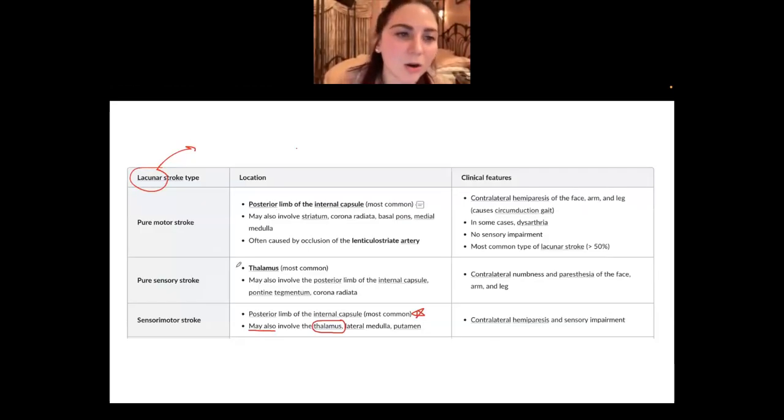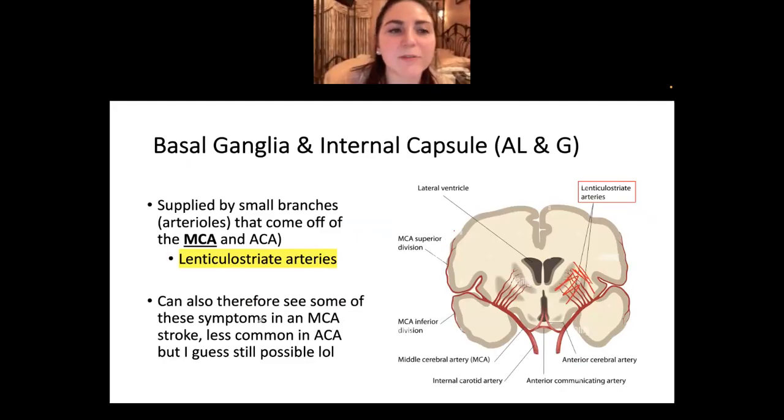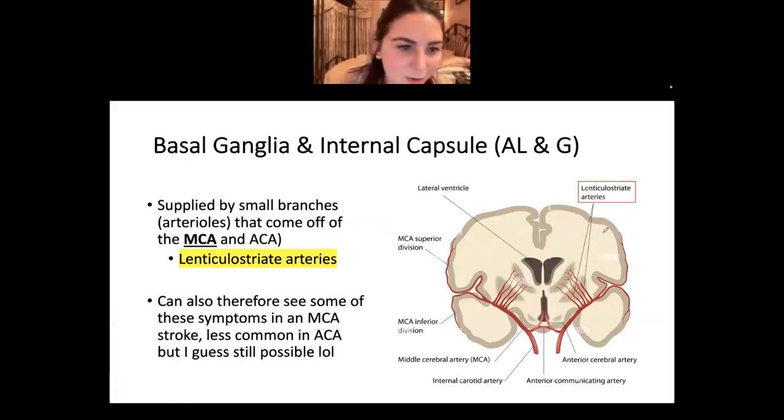And the reason they are called lacunar strokes, hopefully this helps someone remember: whoever named these, I'm going to go back to my little picture here, looked at a brain cross-section after someone had a lacunar stroke, and found in, let's say, the caudate nucleus area, since we're taking these out, we're losing blood supply.